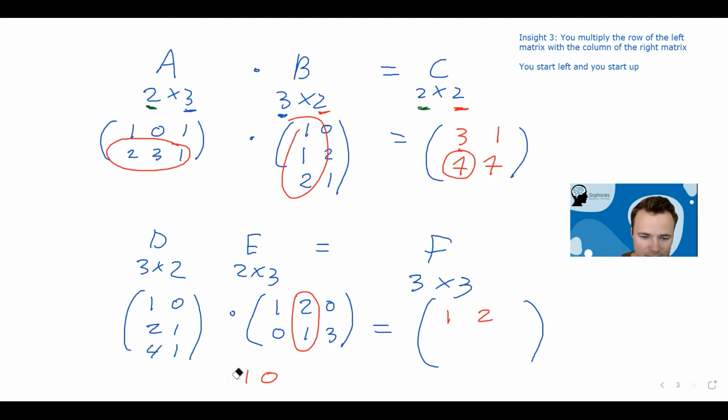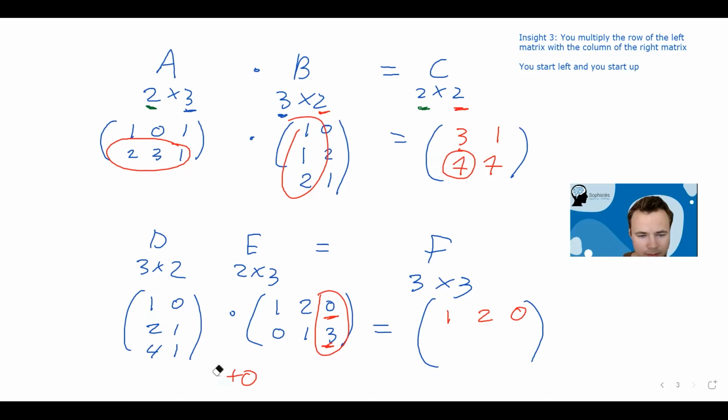Okay. Then I want to have the element in row 1, column 3. So I use row 1, column 3. I start left and I start up. And if I multiply 1 times 0, I get 0. And 0 times 3 gives me 0 as well. So this number will be 0.